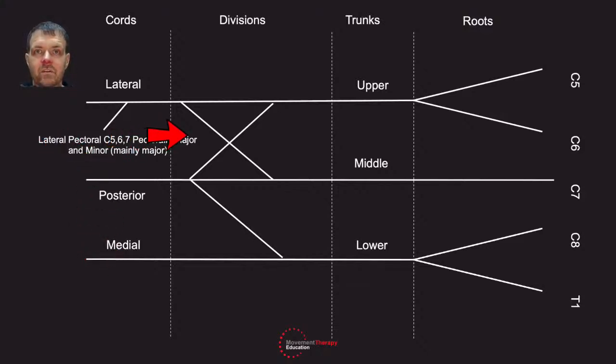Yeah, so pectoralis major, pectoralis minor, but mainly major, is also innervated by the lateral pectoral nerve. Okay, C5, C6, C7. So we've got two innervations for pectoralis major and pectoralis minor, but obviously mainly major on this lateral part just here.